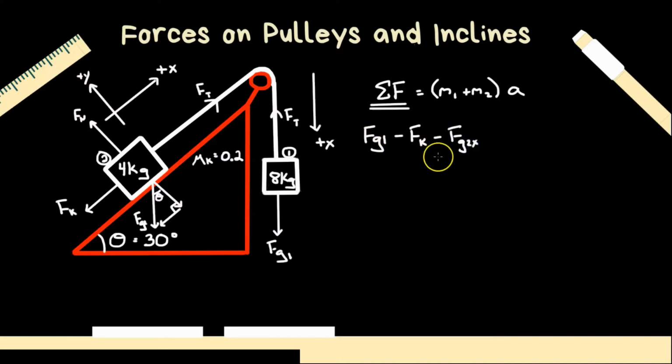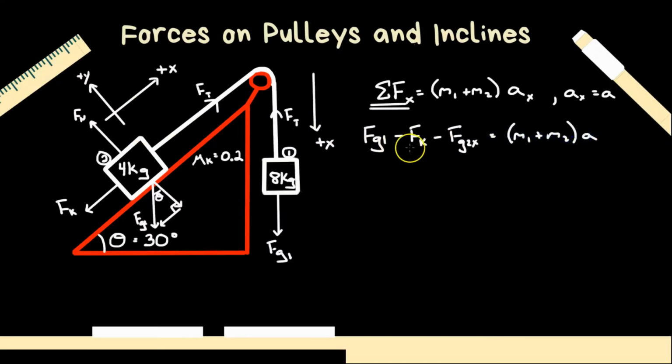So these are all of our forces in x, which show us our acceleration in x. Now because we've chosen our x direction to be in the same direction as acceleration, we know that ax is simply equal to a. That's what makes it so simple to choose that kind of coordinate system. And this will all equal m1 plus m2 times a.